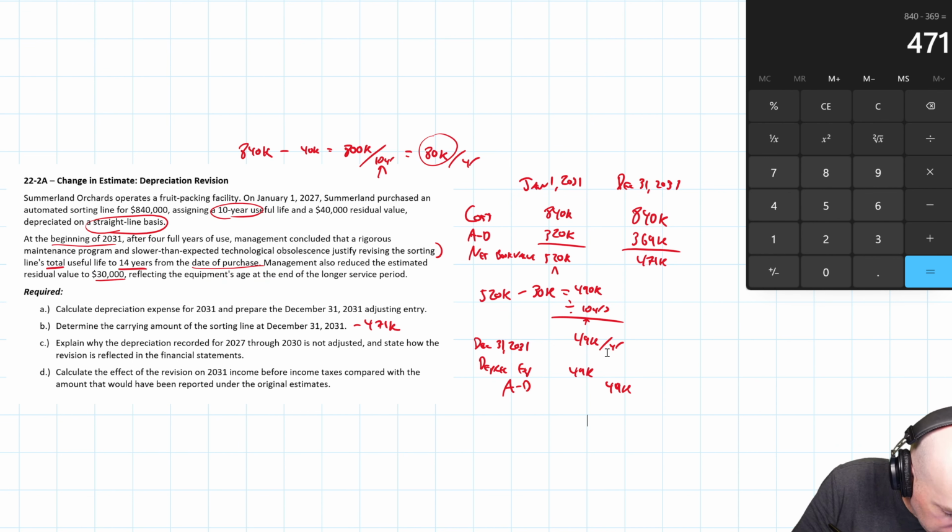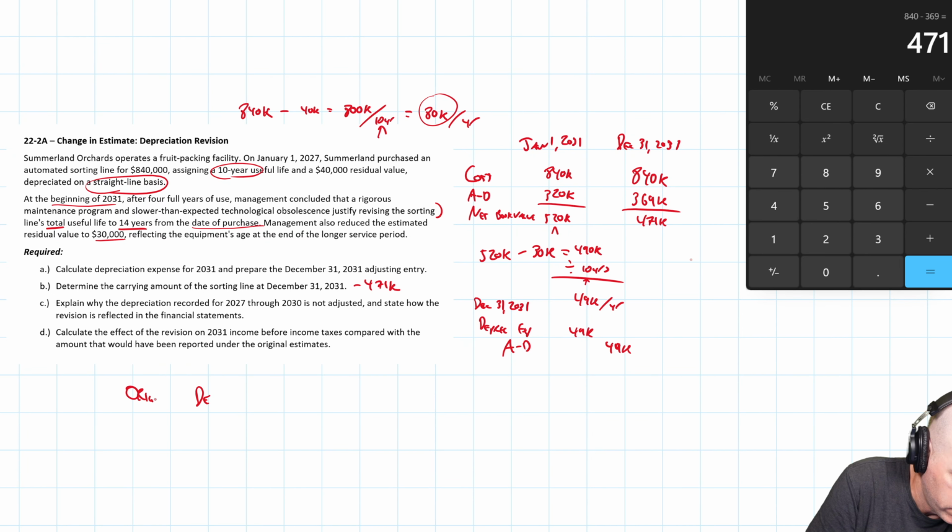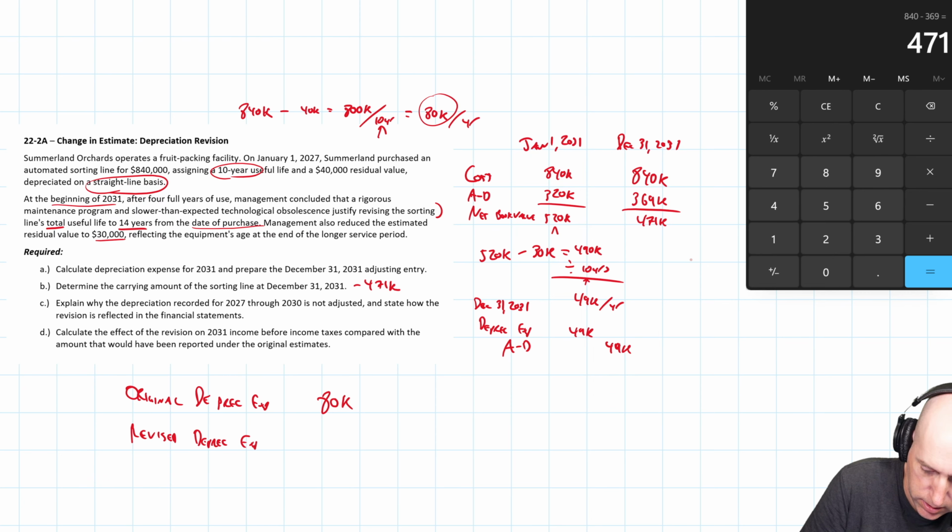Last one, calculate the effect of the revision on the income before tax compared with the amount that would have been reported under the original estimate. So originally, depreciation expense for this year would have been 80K if we stuck with the original numbers. Our revised depreciation expense is 49K, so the difference here is 31K.